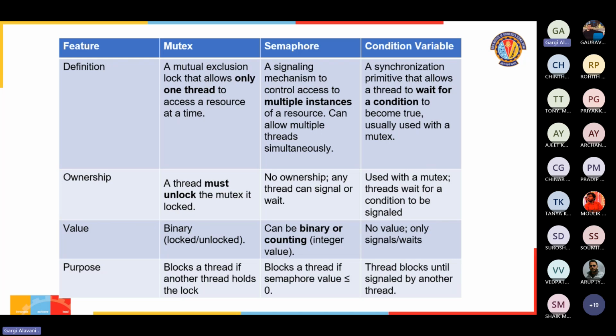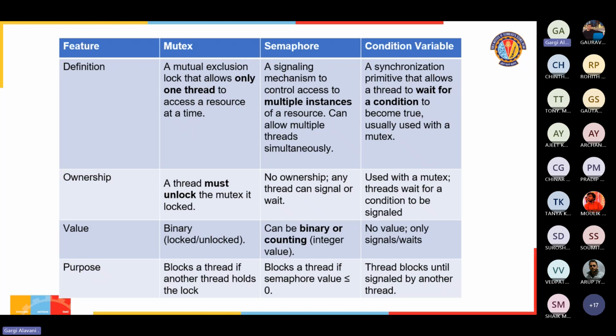Mutexes are used where we can allow only one thread to access a resource at a time. Whereas in semaphores, we use a signaling mechanism which allows access to multiple instances, and multiple threads can access simultaneously using a counter.